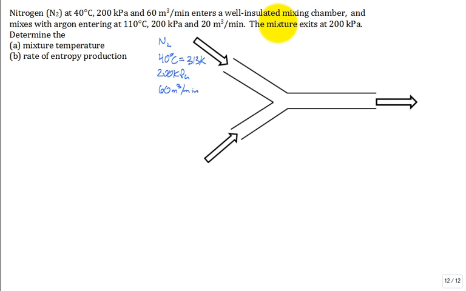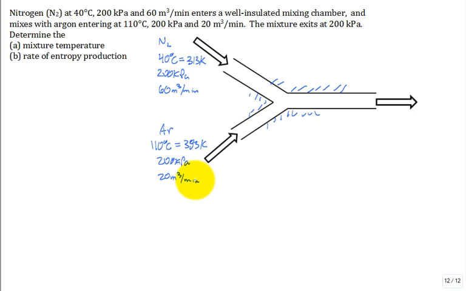It enters a well-insulated mixing chamber. Two pipes that are well-insulated join, and it's well-mixed when it comes out. It mixes with argon, the other stream, entering at 110 degrees C, which is 383 Kelvin, pressure 200 kilopascal, and 20 meters cubed per minute.